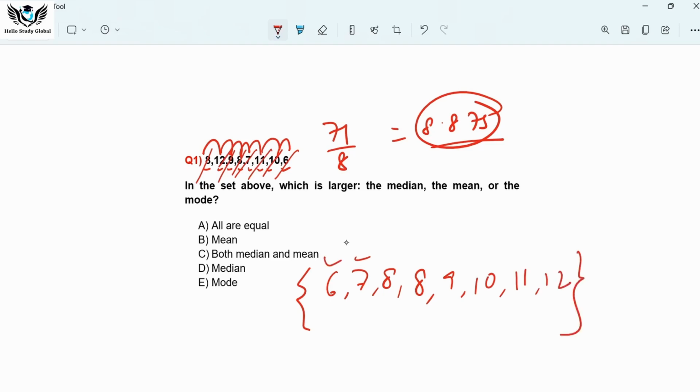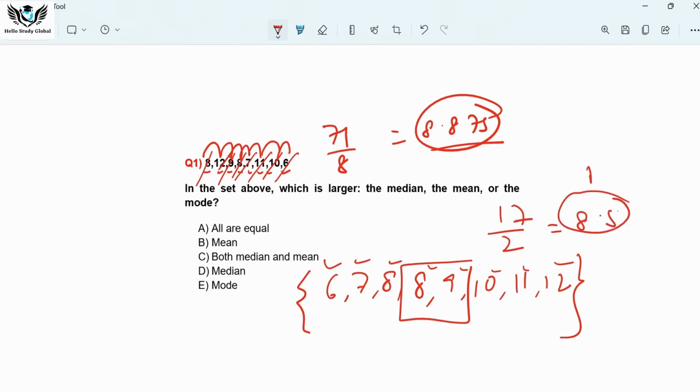Okay, how many terms? 1 2 3 4 5 6 7 8 terms are there. So middle two terms we'll take. Middle two terms 8 and 9, 17 divided by 2, we'll take the average, which is 8.5. So median is 8.5, mean is 8.875, which is clearly greatest.